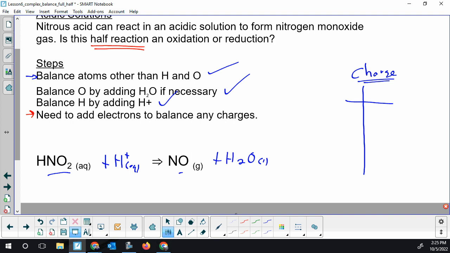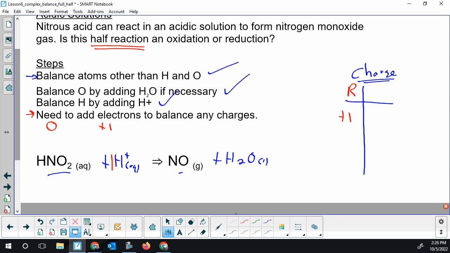We have a neutral molecule with no charge. Okay. You might do that in your head. We've got H plus, and there's only one of them. We don't have to write the number in, but we have to realize there's one. So that's going to contribute a +1. So in total, for the reactants, we're at +1.